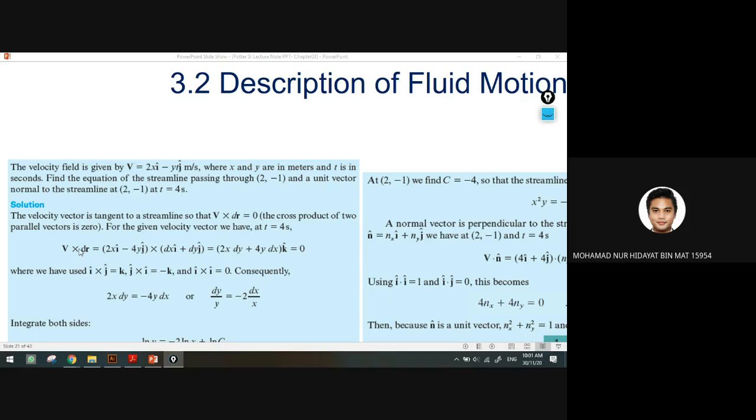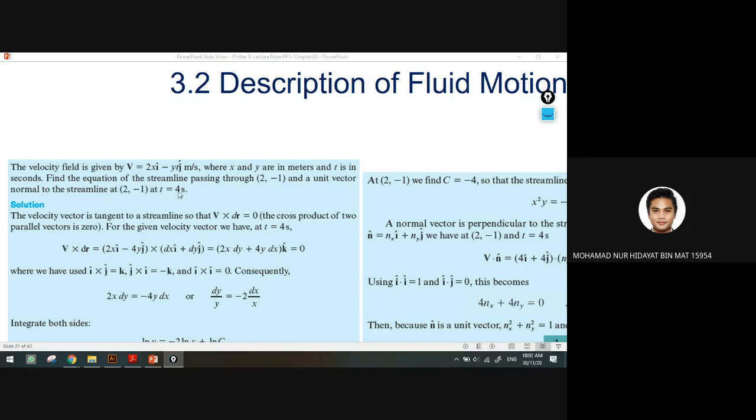Here is V. You try to substitute V equal to 2xi minus yt j. For the given velocity vector, we have time equal to 4. So from here, you have to use time equal to 4 and simplify the equation.